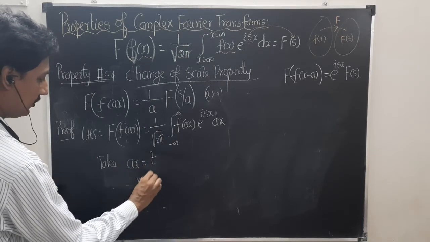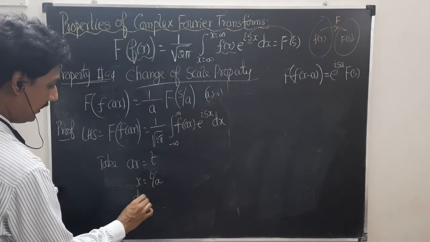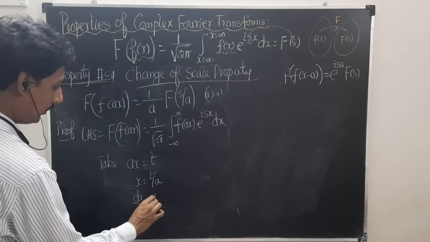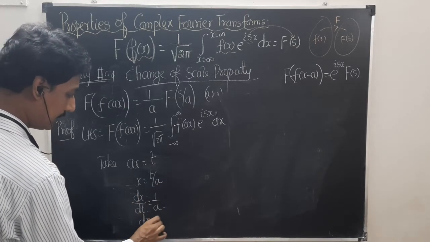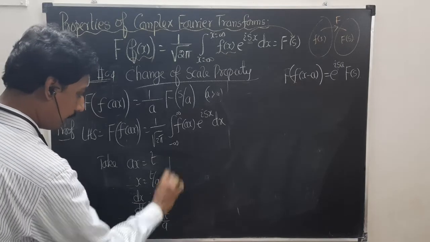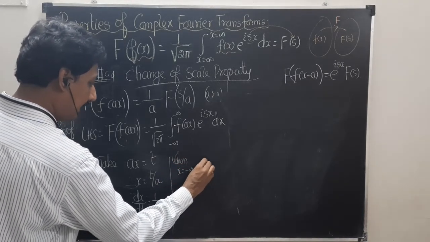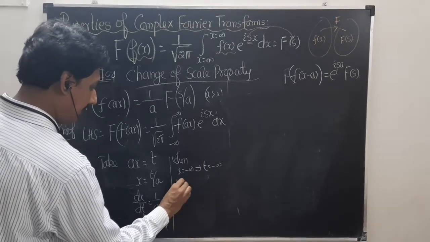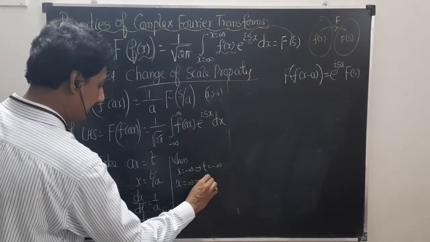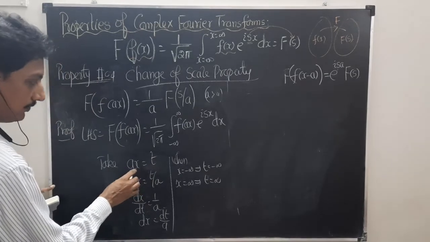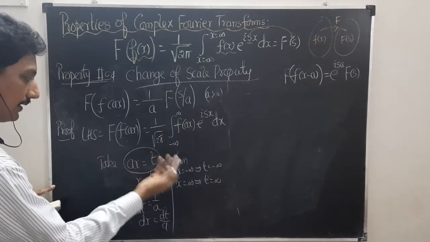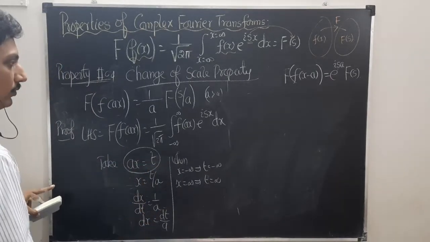So x is equal to t by a, otherwise dx by dt is equal to 1 by a, that is dx is equal to dt by a. What about the limits? When x is minus infinity, t is also minus infinity. When x is plus infinity, t is also plus infinity.